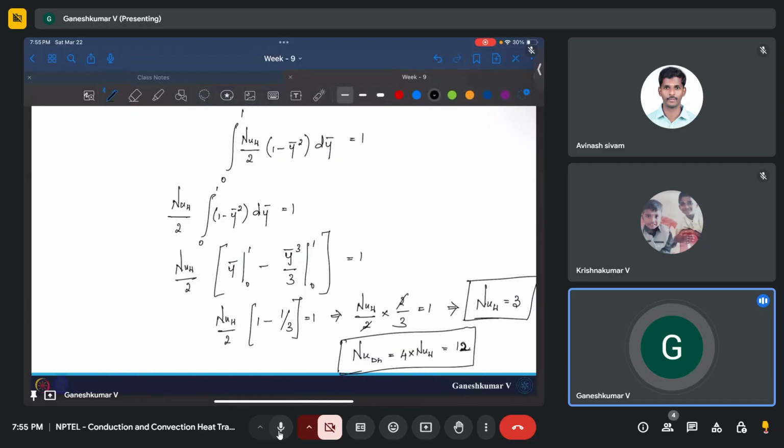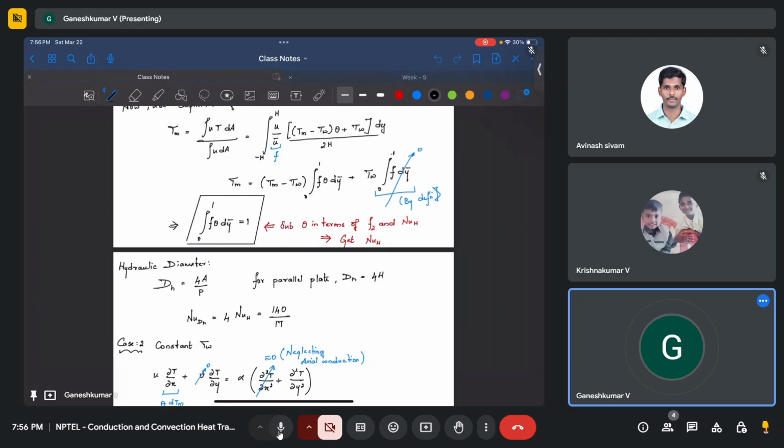So if it's a plug flow, the Nusselt number is going to be 12. If it is not a plug flow, if it is a Poiseuille flow, then your Nusselt number is going to be 140 by 17, so it's a little bit less than 10, probably like 8 to 9. And if it is plug flow, you are going to have 12, for the same constant wall heat flux condition.